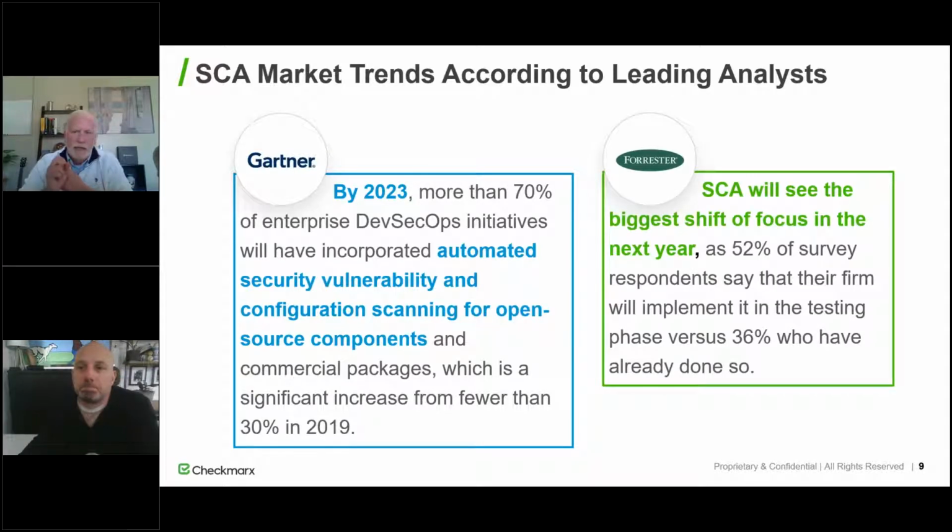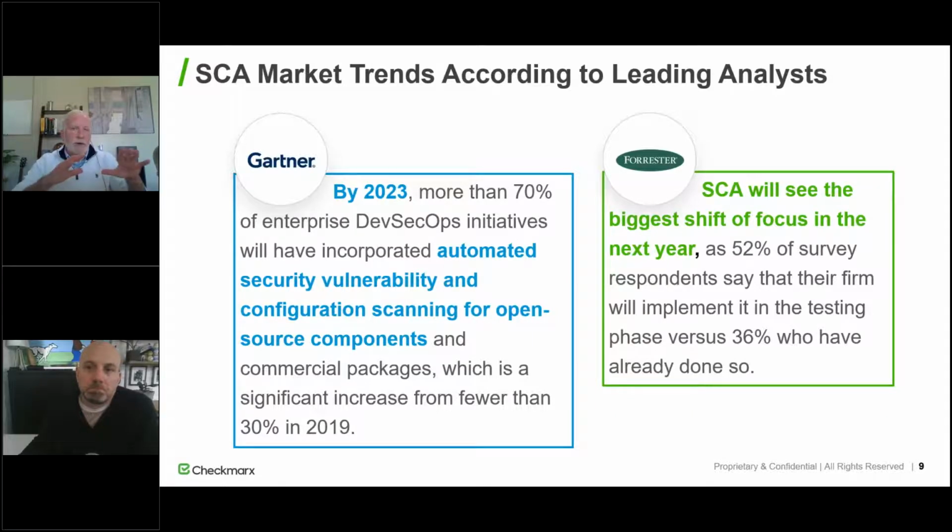And Forrester says that SCA will see the biggest shift of focus in the next year, as 52% of the survey respondents said that their firm will be implementing some sort of SCA solution versus 36% who have already done so.